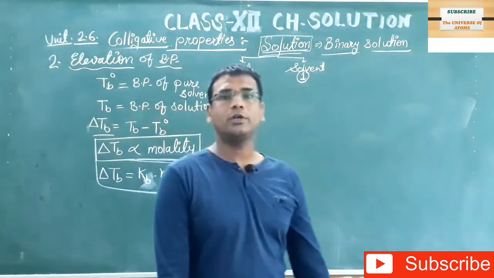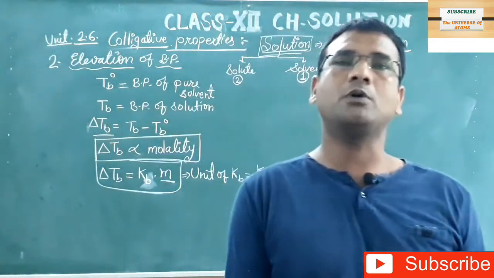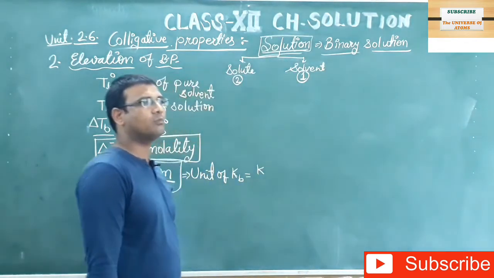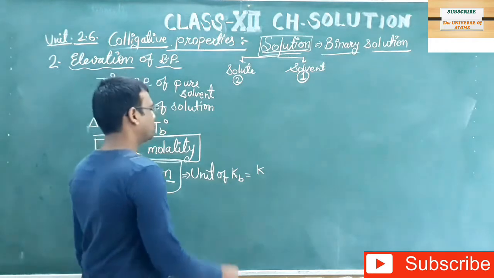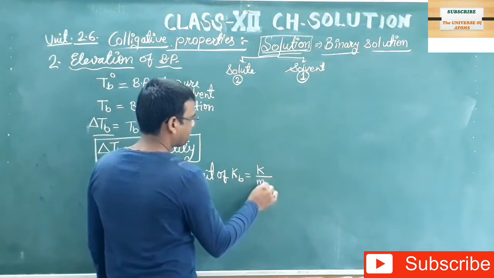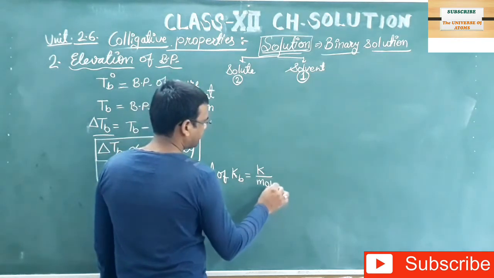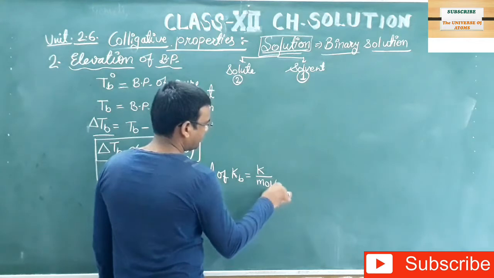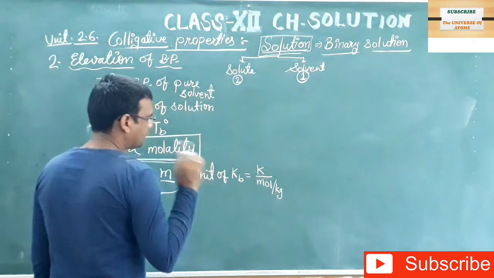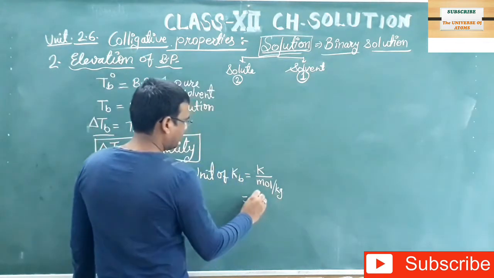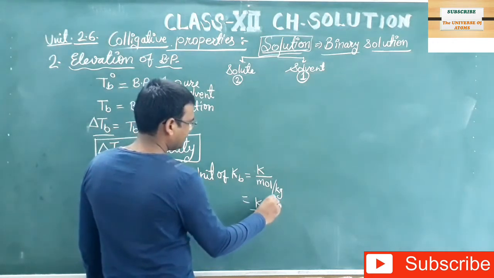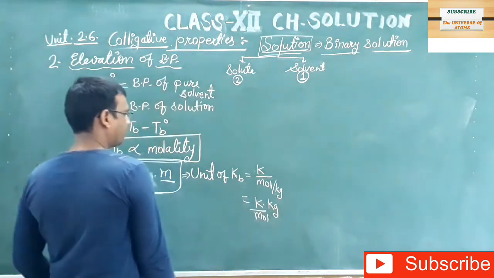Molality is the number of moles of solute present in 1 kilogram of solvent. So the unit of molality is mole per kilogram. Capital K is for Kelvin and small kg is for kilogram. So the unit of Kb is Kelvin kilogram per mole.